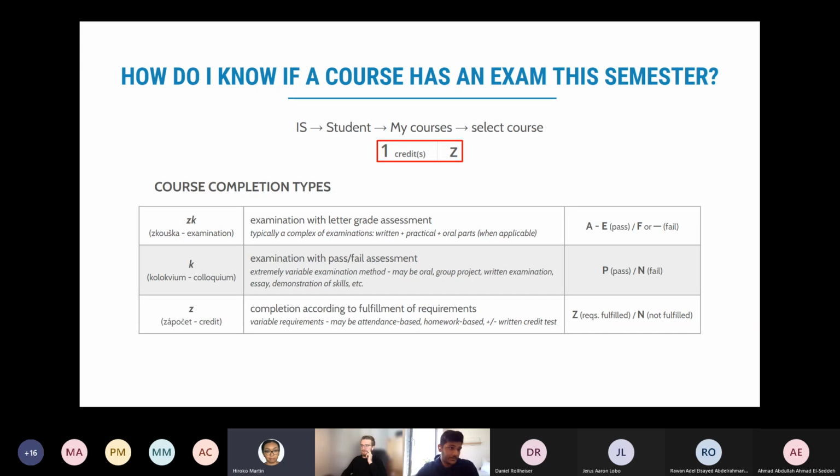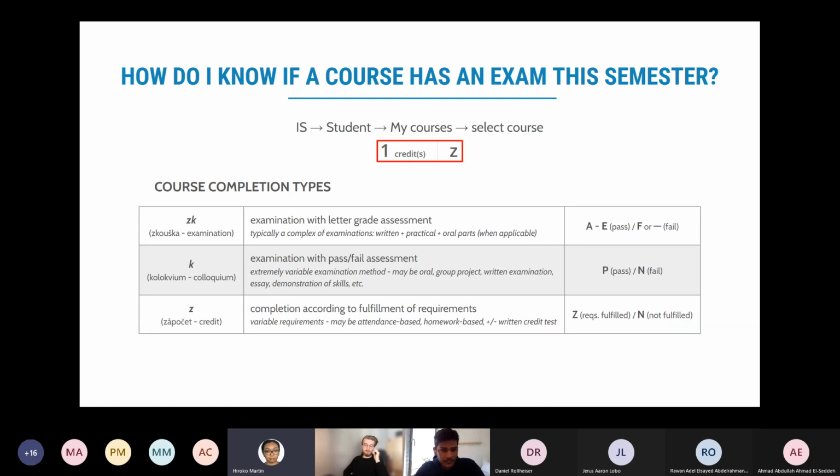But the courses that you need to pay attention to would be any which have a K or a ZK next to them. K stands for colloquium, which means that you will have an exam at the end of the semester. However, this kind of course is assessed as pass or fail only. There isn't really any universal definition as to what a colloquium is supposed to be.